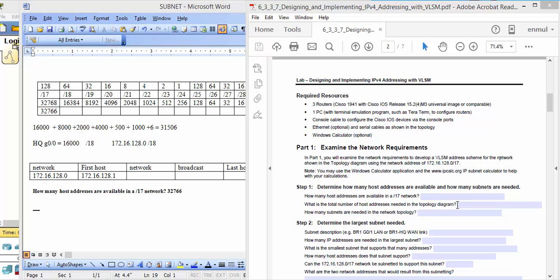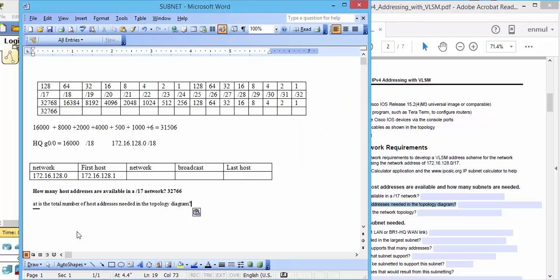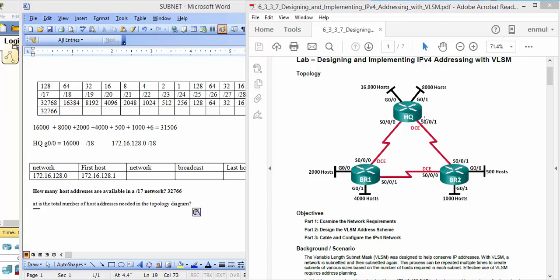Now, what is the total number of host addresses needed in this topology diagram? We start from the HQ router, and it has GigabitEthernet 0/0, which needs 16,000 hosts, and Gigabit 0/1 needs 8,000 hosts.